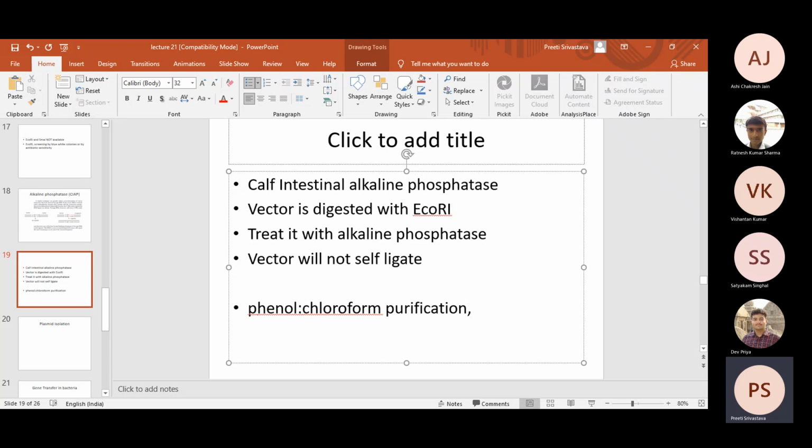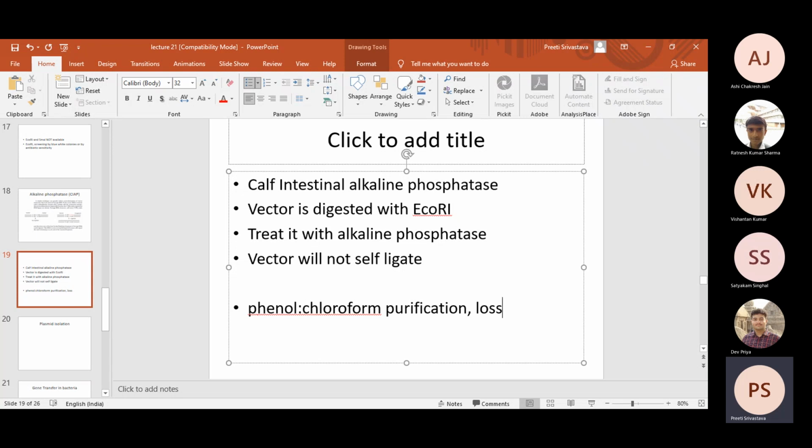So there is a loss, and therefore this is not the preferred step. Also, even if it is present in traces, it can inhibit the ligation. So therefore this is usually avoided.